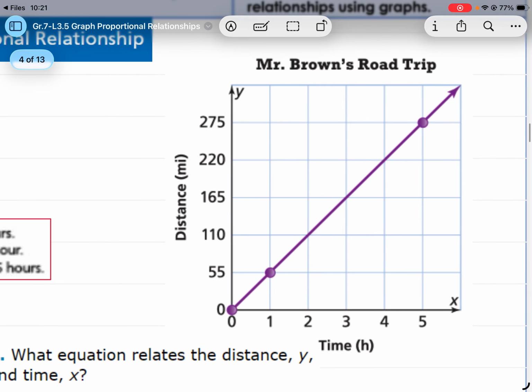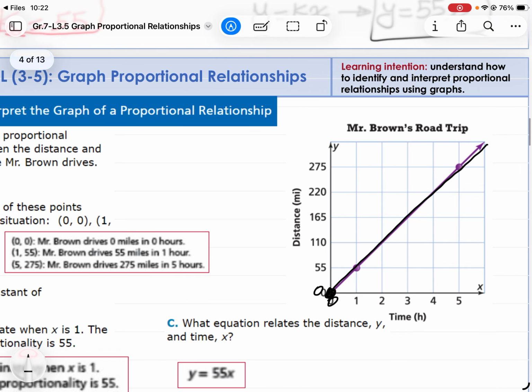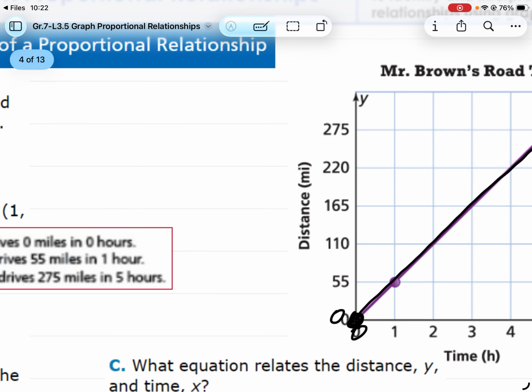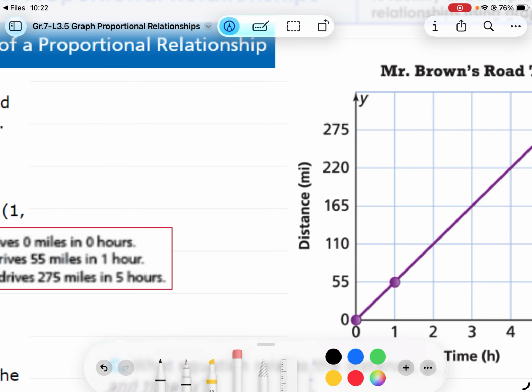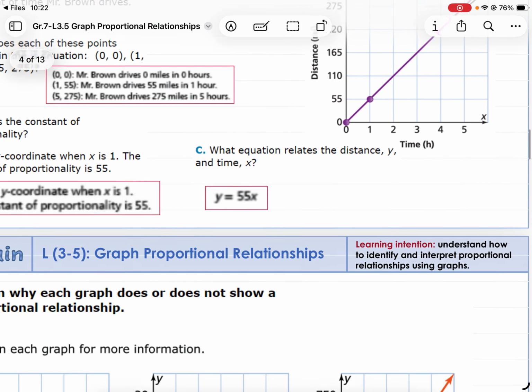Now, does this graph represent a proportional relationship? Yes, it does. Why? Because it's a straight line and it is passing through the origin, through 0, 0. So it's definitely a proportional relationship.